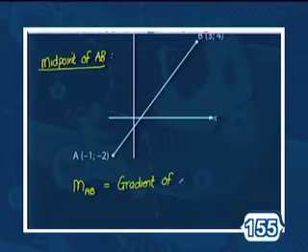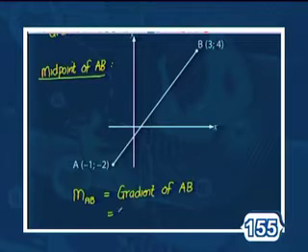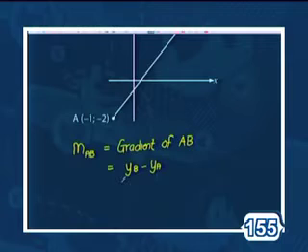of AB. So, what did we say about the gradient formula? We said that it must be the change in the y values. So I'm going to write it as YB minus YA, and then it must be over the change in the x values, XB minus XA.